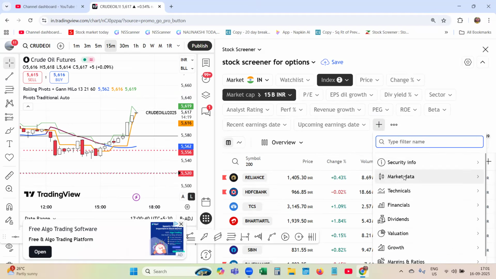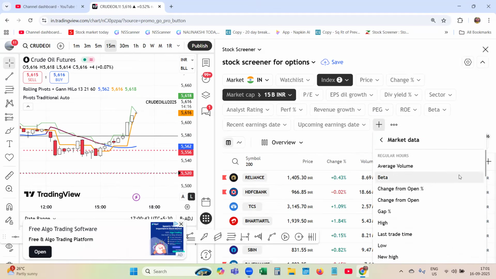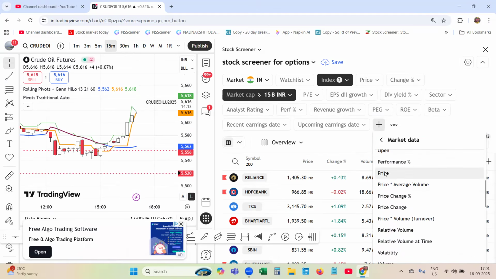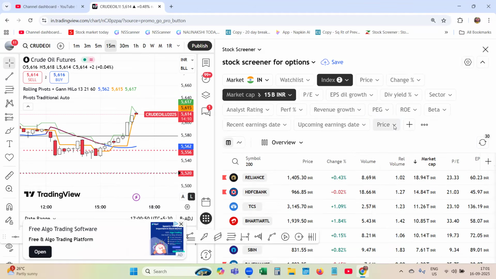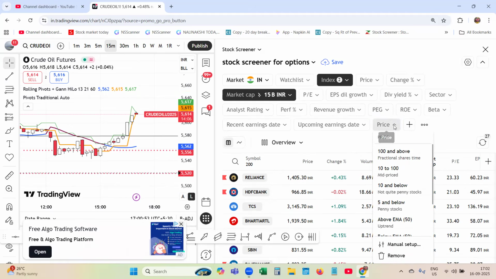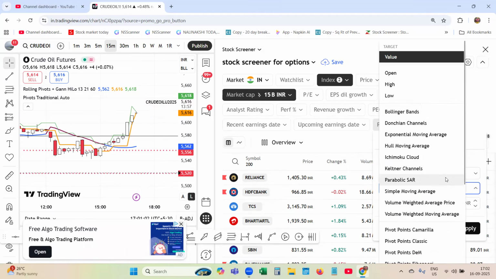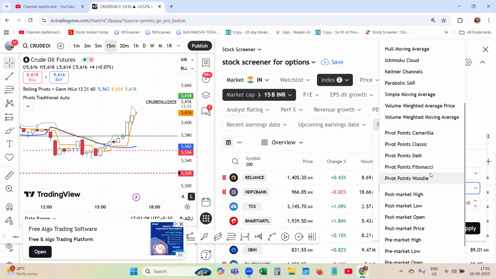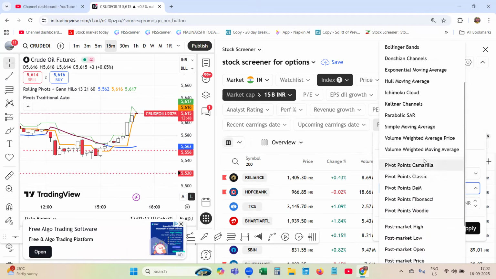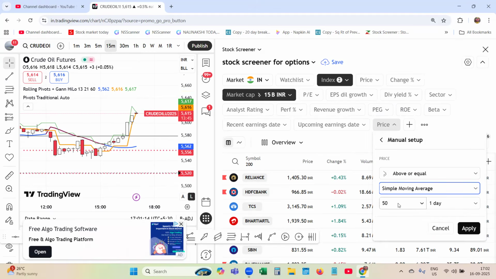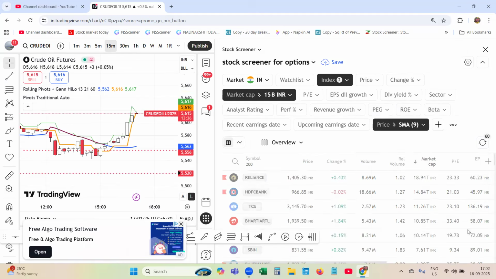Go down and click on market data, and select price. Then I drop down again and click on manual setup, above or equal, and select simple moving average with the parameter 9 period. As it is 1 day, I'm applying it.